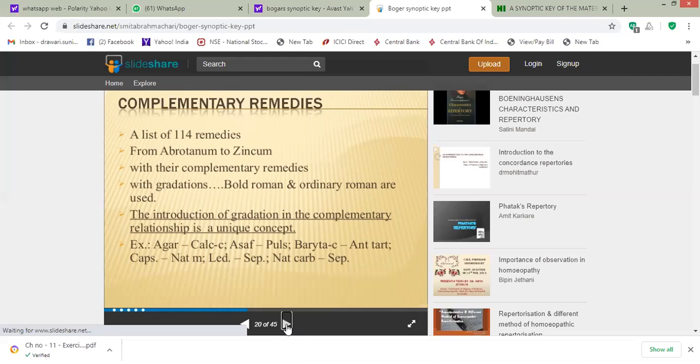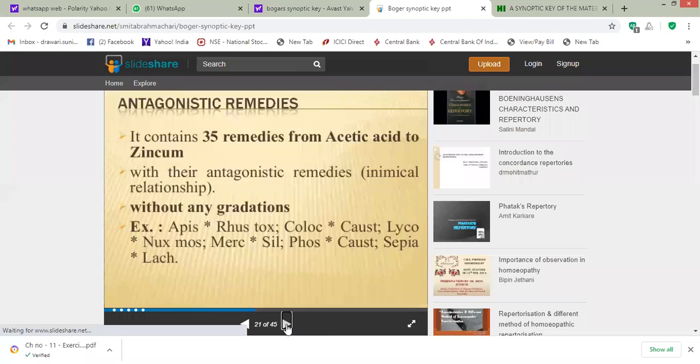This concept was introduced for the first time, and with the help of these gradations we can find out the more important and less important remedies.